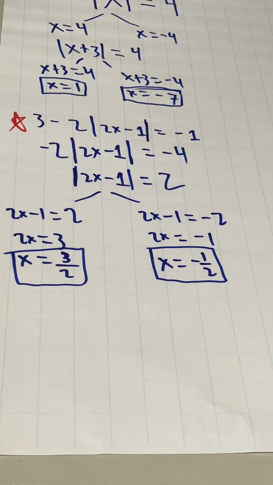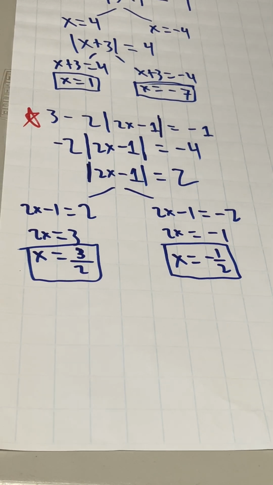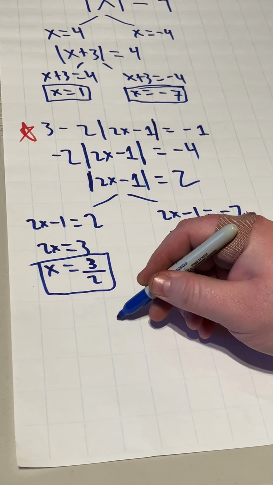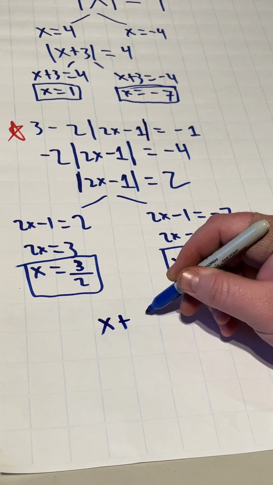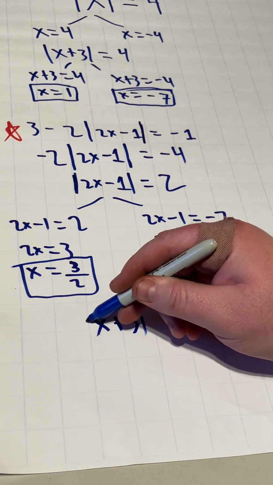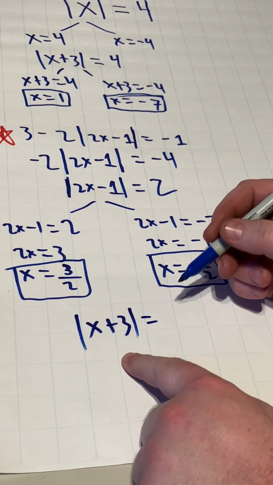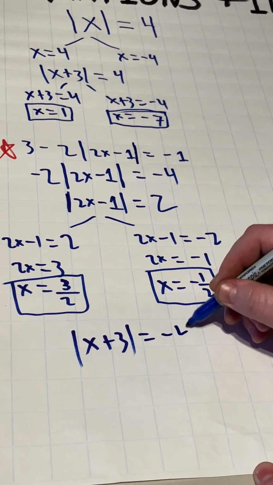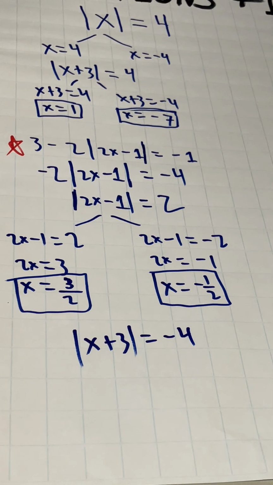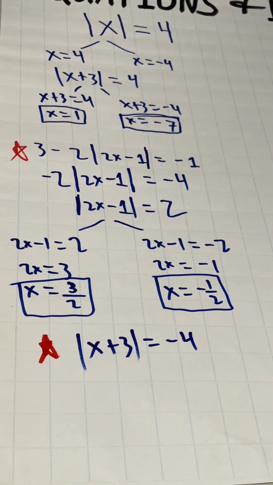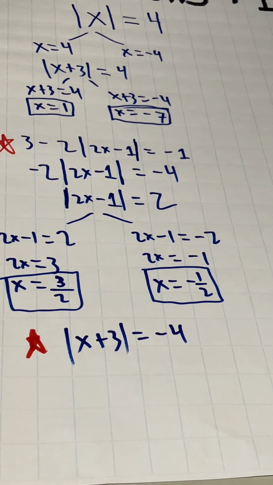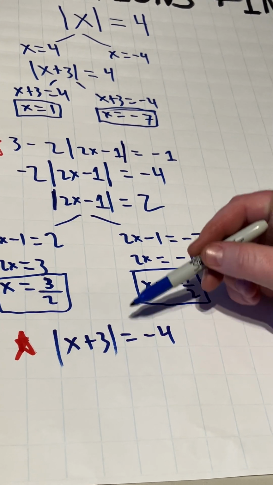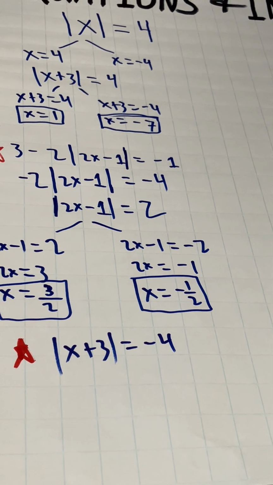Now, there's one exception. There's one thing you need to watch out for. And that's if my original problem, or whenever I get to the point where I have the absolute value bars isolated, if this is equal to a negative number, well, think about it. The absolute value of what is -4?